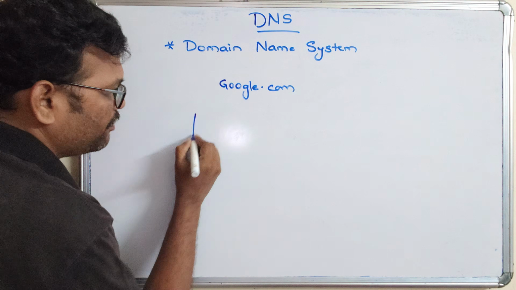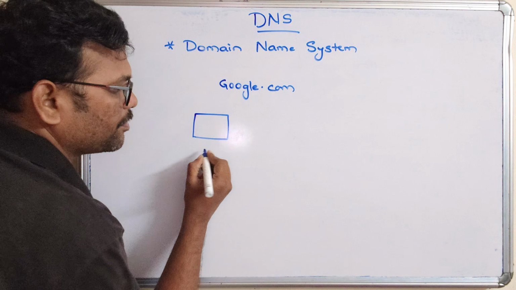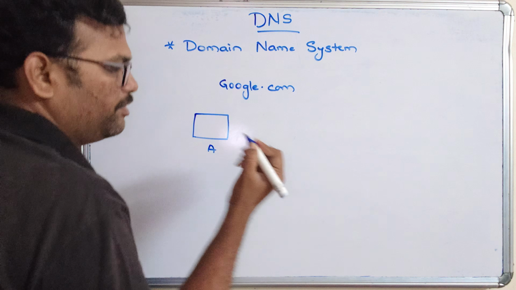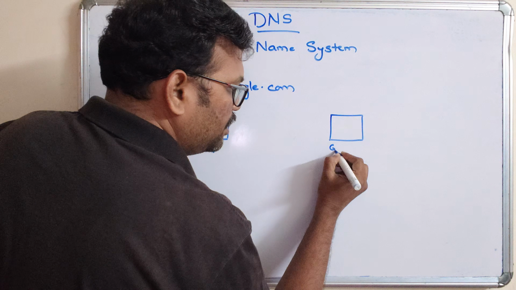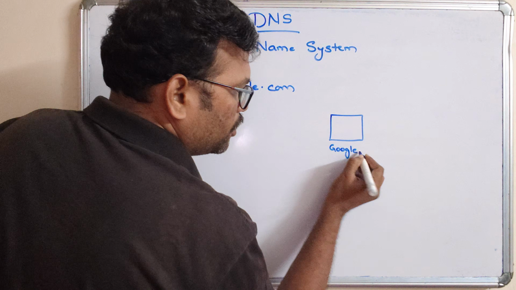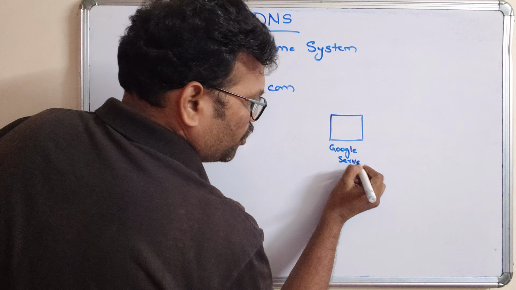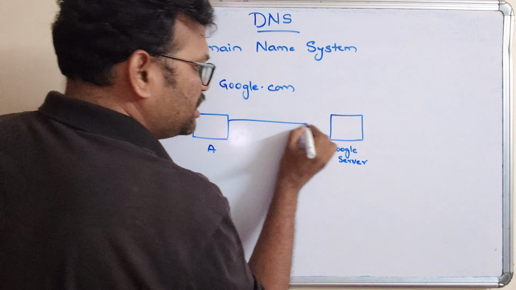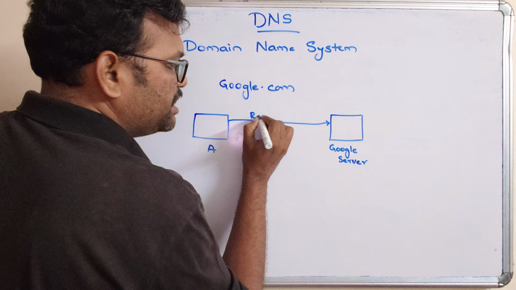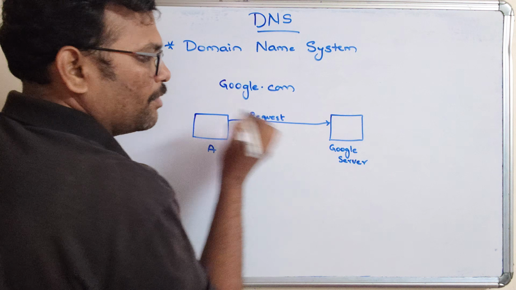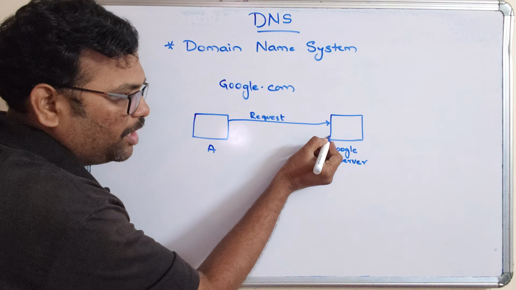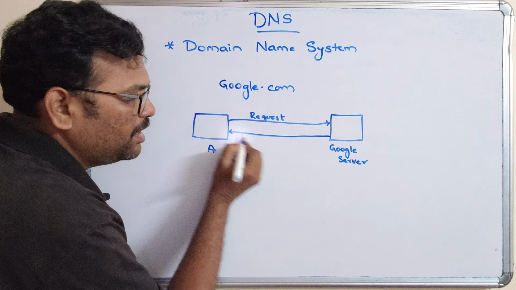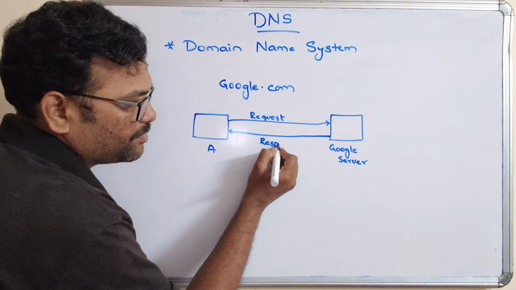So this is our system, I'll give it as A, and this one is a Google server. From our system some request will be sent, and as a reply from the Google server we will get the response.